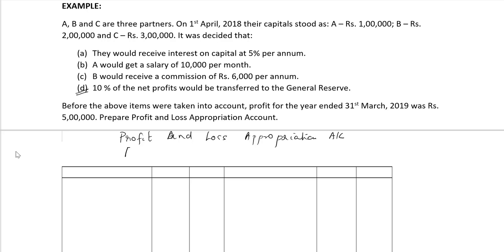Profit and loss appropriation account for the year ended 31st March 2019.